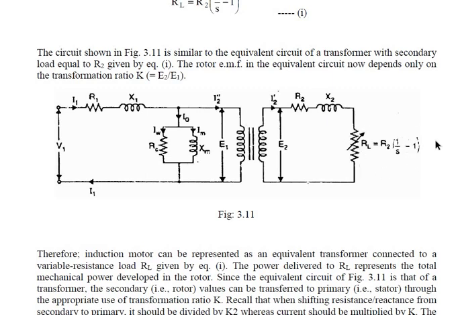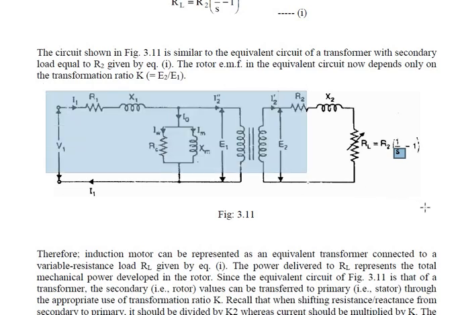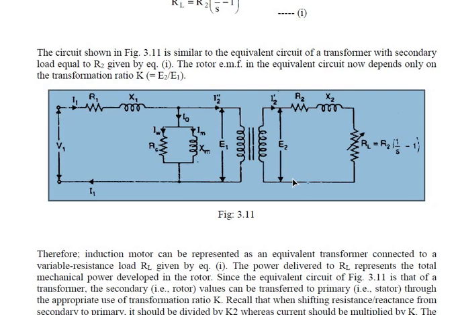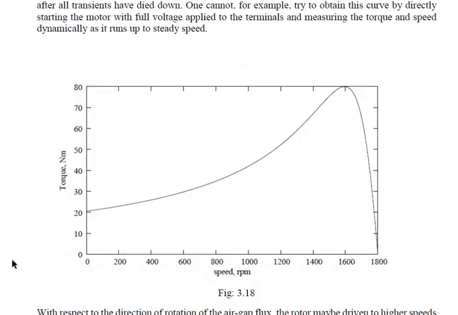As we change our mechanical loading, the value of S will change, depending on the loading condition. So by changing S, our RL will change and this I2 dash current will also change. So this is the complete equivalent circuit diagram for the induction machine.